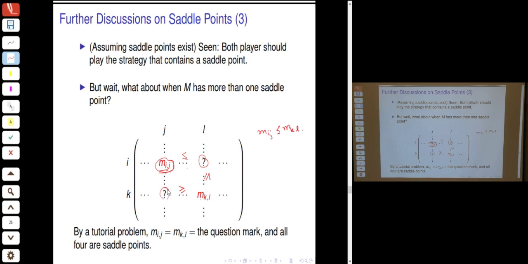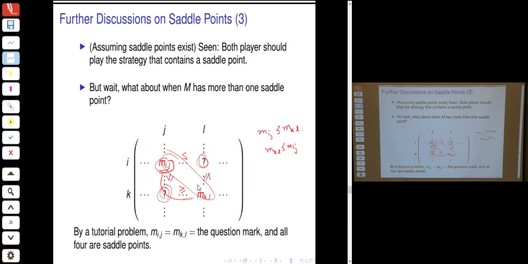And since Mij is also a saddle point, it must be the maximum in its column, so Mij is greater than or equal to this question mark. If you combine this chain of inequalities, Mkl should be less than or equal to Mij. So the only way this can happen is that these two are equal, and since these two question marks are sandwiched between Mij and Mkl, they are also equal to the common value. Okay?